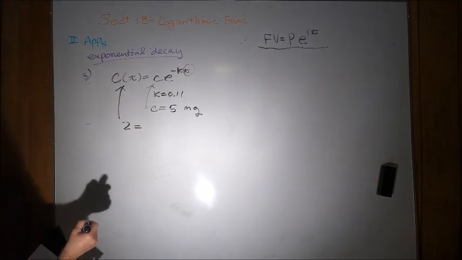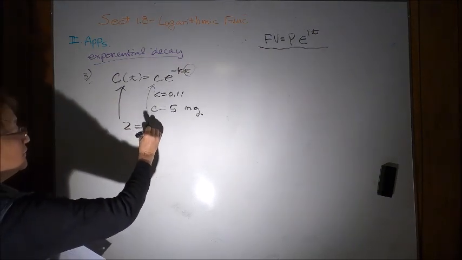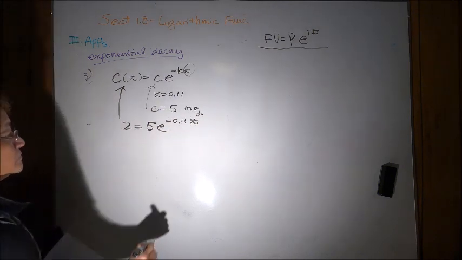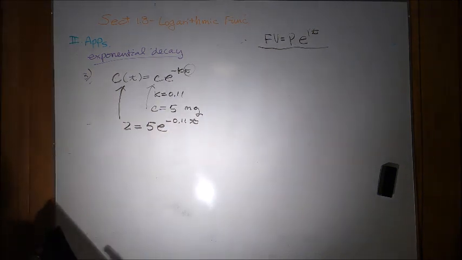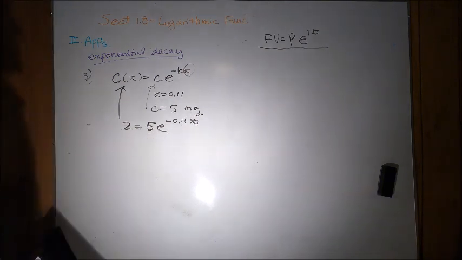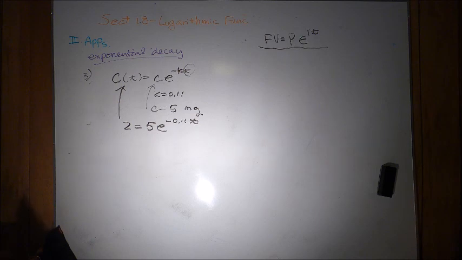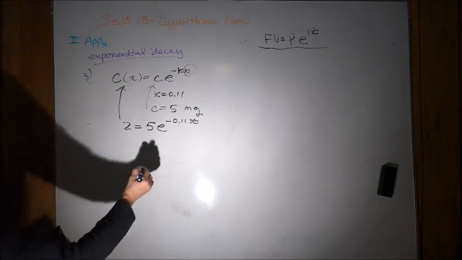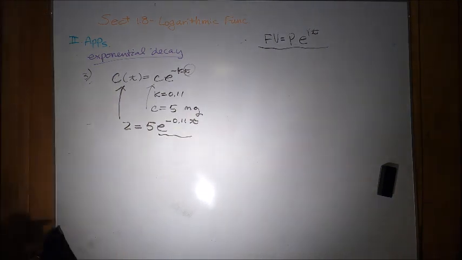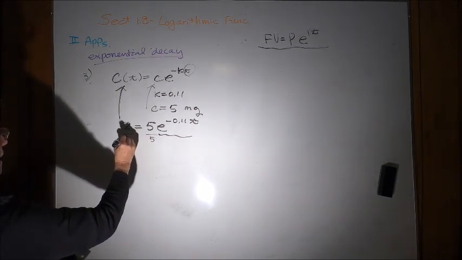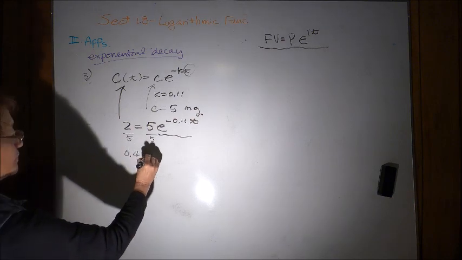So we want to find out when it will go from 5 to 2 using this formula. What kind of equation do we have? The variable is in your exponent, so you have an exponential equation. To solve an exponential equation, what do we do? We have to get the exponential part by itself, so we have to get rid of 5. Divide by 5, so we have this.